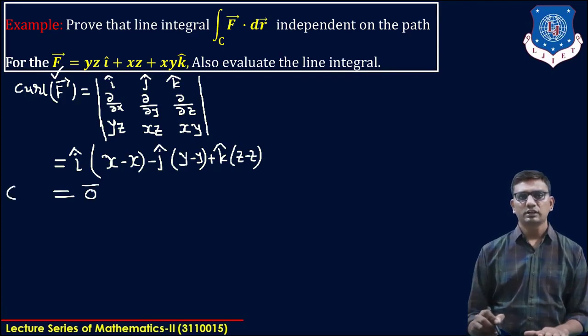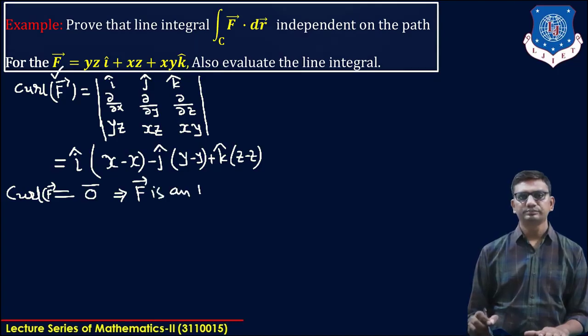So curl of f bar is equal to the zero vector. Therefore, we can say that f bar is an irrotational field.